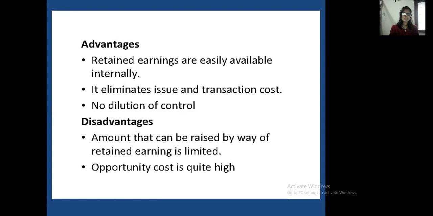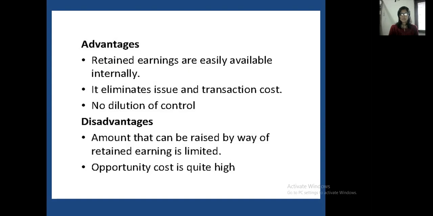Next is no dilution of control. That is very important because no one is interested in diluting their ownership. That's why the shareholders, stakeholders are more interested in getting the source of funding in the form of retained earning because there is no dilution of control. Next one is disadvantage. Everything which has an advantage will always have some disadvantage.